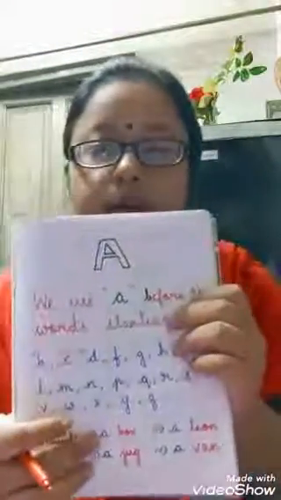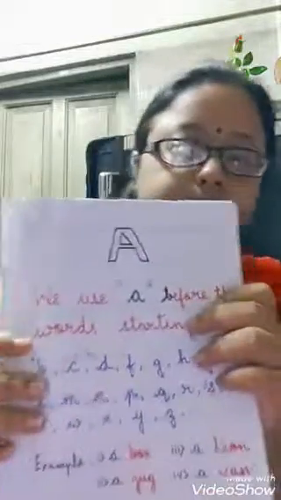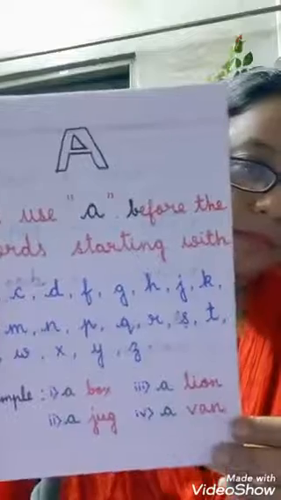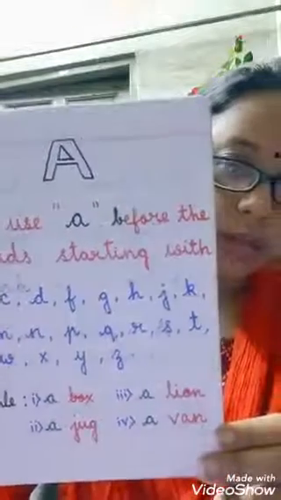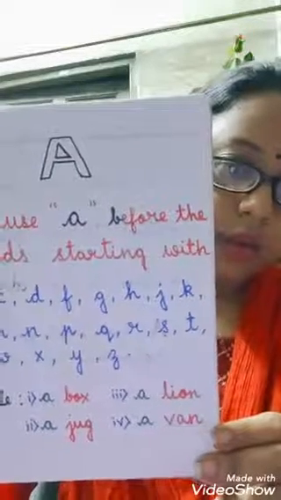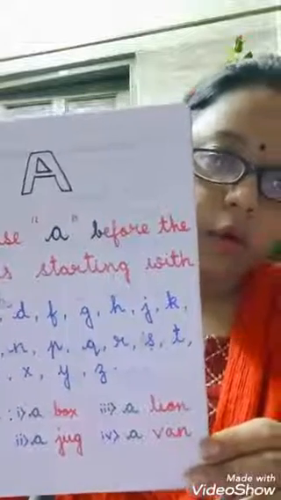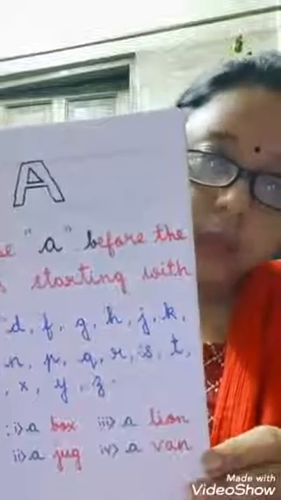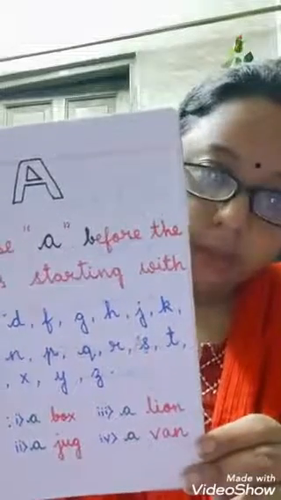The first one is a box. Box starts with the alphabet B. So we will be writing a box, which also means we are talking about one box.